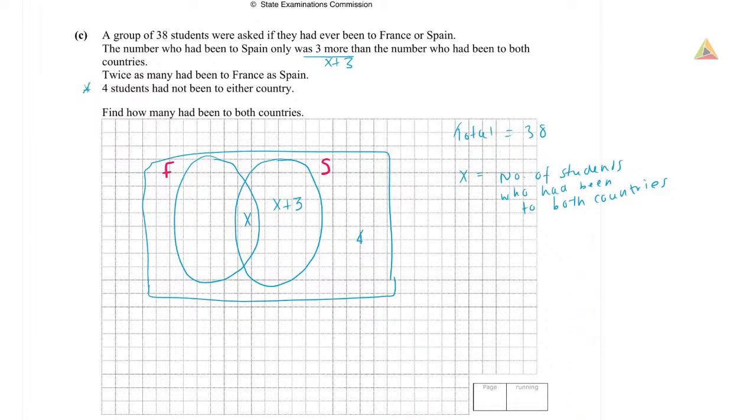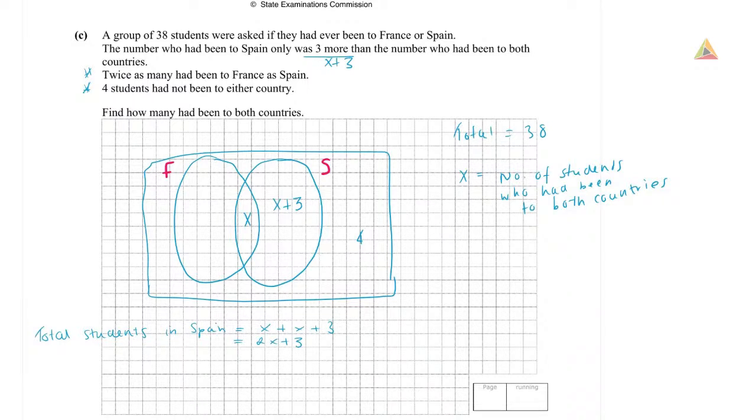And then the last piece of information that you're given is that twice as many had been to France as Spain. So if we write down the total amount of students that were in Spain, if we look at the whole circle there for Spain, it's going to be X plus 3 plus X, which gives us 2X plus 3.